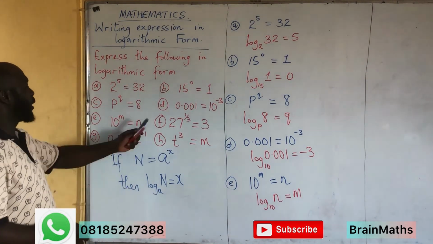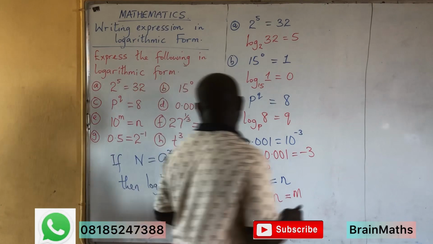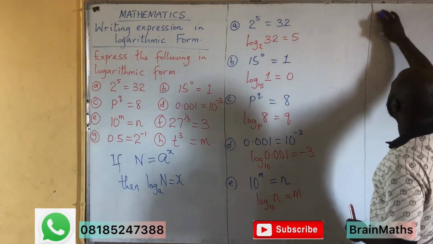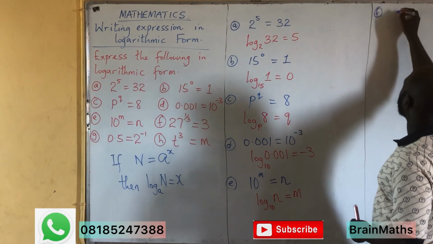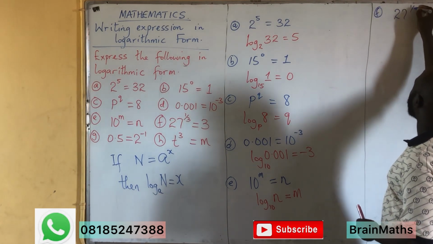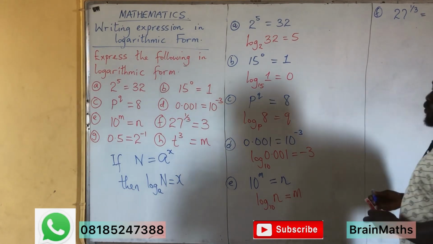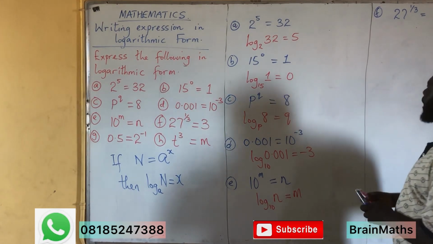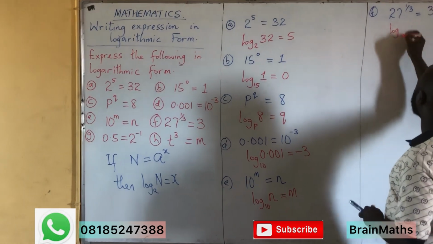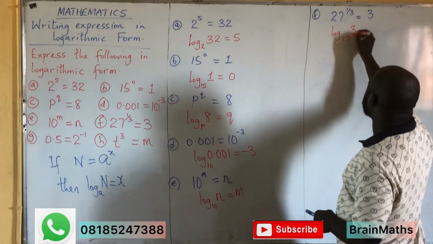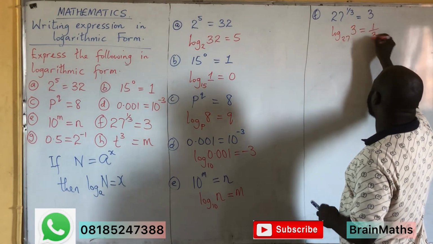The sixth question is 27 raised to power 1 over 3 equals 3. So if we follow the rule as expected, we have logarithm to base 27 of 3 equals 1 over 3.